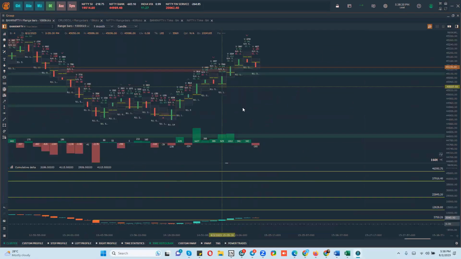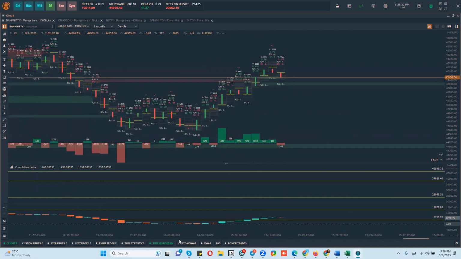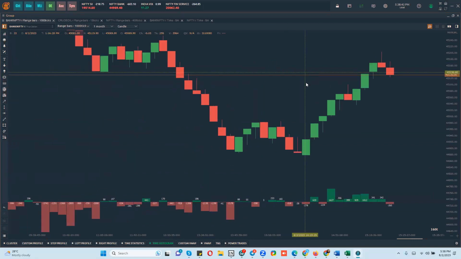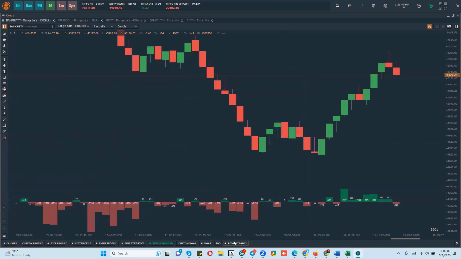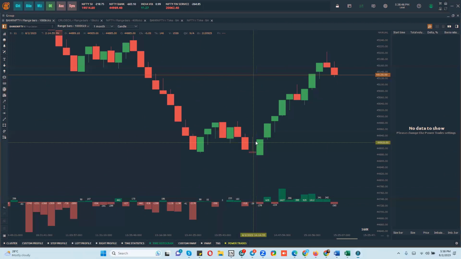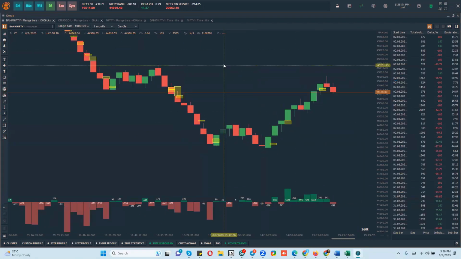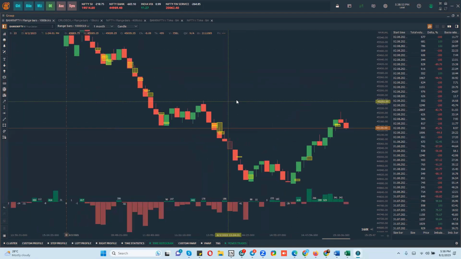Another thing that you can also look at here is the power trade on these candles. So let me disable this. Here you can also see where exactly these big trades are happening.